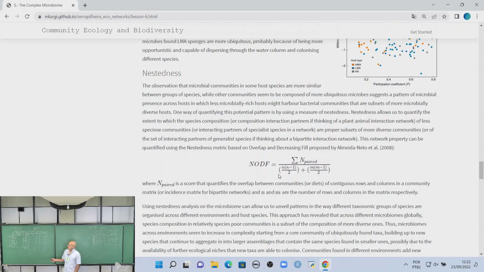And basically it's a measure of the N paired, which is a number that quantifies the overlap between the diets or the composition of the different communities, or the diets of different species in the case of a network, divided by this term here, where n and m are the number of rows and columns respectively. So it's like a normalization term based on all the possible diets that a species can have.